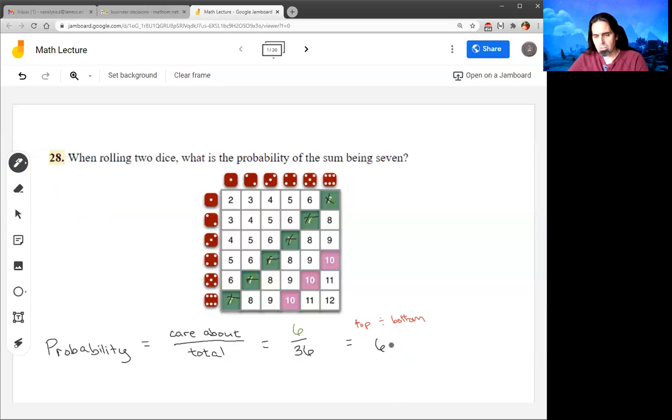So we get 6 divided by 36. That'll be 0.16 repeating. So about 17%.